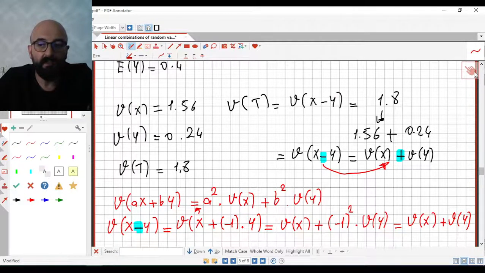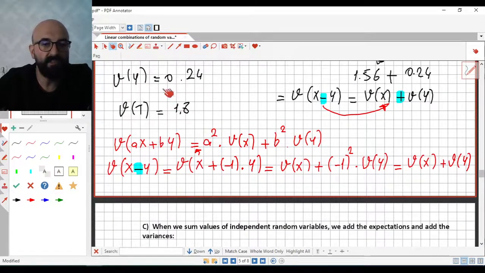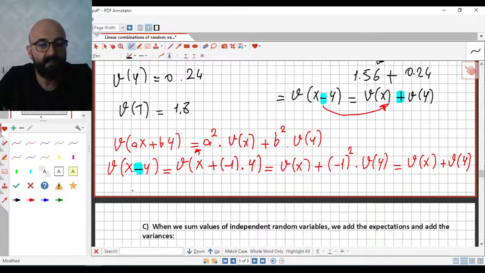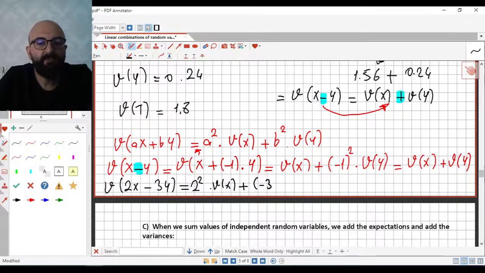Okay. And I want to do some practice about this situation, for you for understanding very well. For example, we have the variance of 2x minus 3y. So you should write 2 square the variance of x plus -3 square the variance of y.